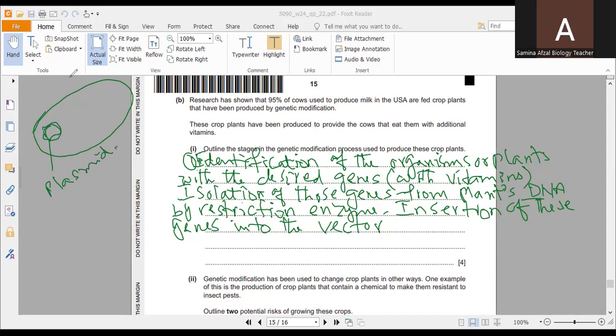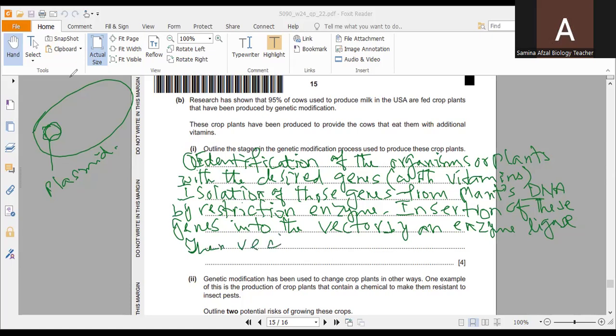It can easily be obtained from the bacteria, so bacteria is used for this purpose. So the gene is inserted into the vector by an enzyme ligase. Then after its insertion, the vector containing the desired gene is introduced into plant cells.